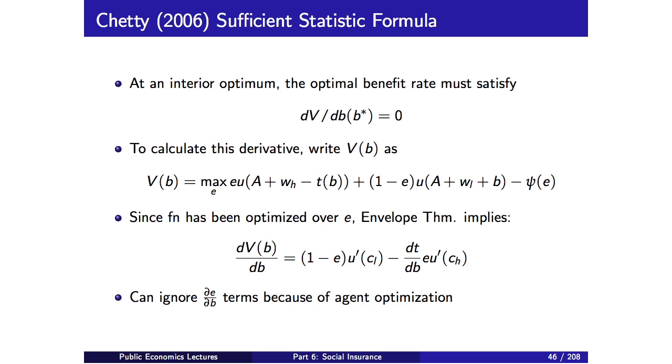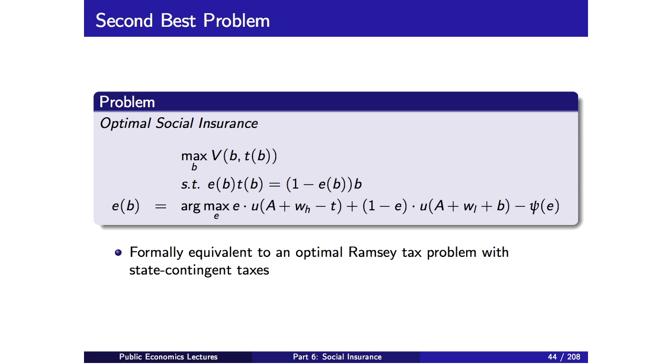And so what the government wants to do is pick the level of b that maximizes this function, where this part of the function here, E has been chosen to maximize it, based on agent utility maximization, right? So basically, this expression incorporates the objective function that we had initially and both the constraints that are relevant, okay?